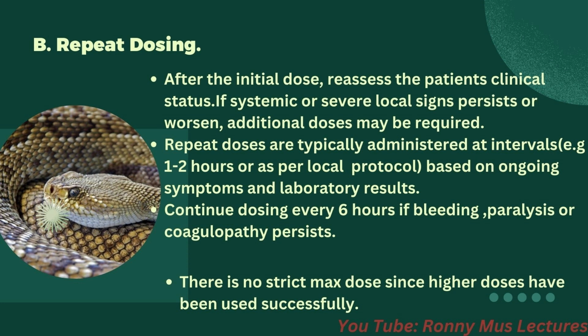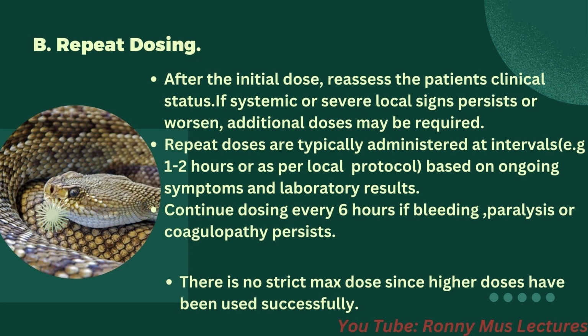The repeat doses are typically administered at intervals, let's say after 1 or 2 hours, or as per local protocols. Some protocols say after 6 hours. And this is based on the ongoing symptoms and laboratory results. And you should continue dosing every 6 hours if bleeding, paralysis, or coagulopathy persists.